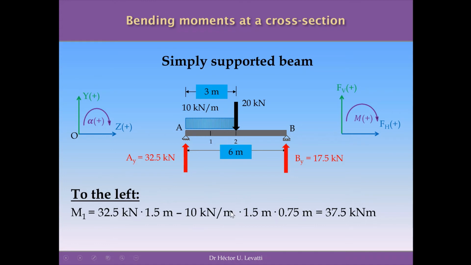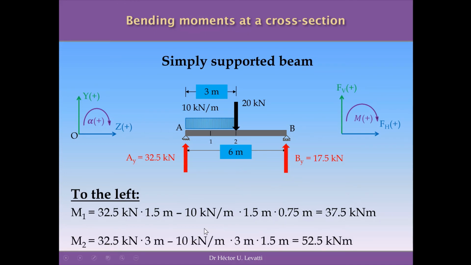So the moment will be minus 10 kilonewtons per meter times 1.5 meters, the distance from A to 1, which will give us the equivalent load of this portion of the UDL, multiplied by 0.75, which is the distance from the middle of this portion to 1. And all of this will be the negative moment produced by the portion of the UDL from A to 1. If I run the calculation, this value is 37.5 kilonewton meters. And this is the moment at the cross section 1. We can do it to the right side of the structure as well.